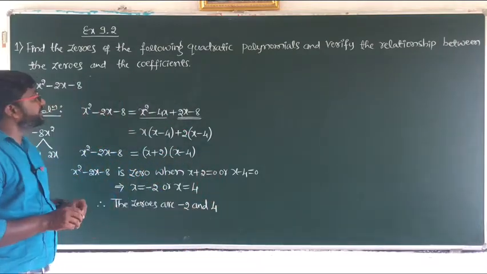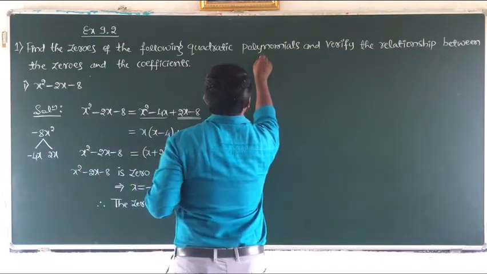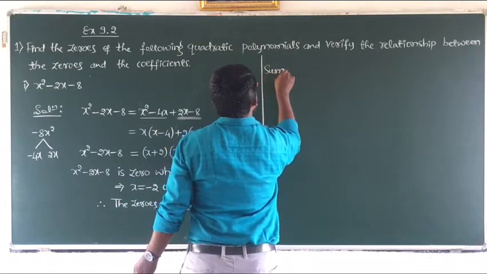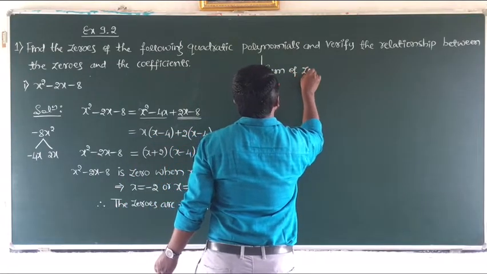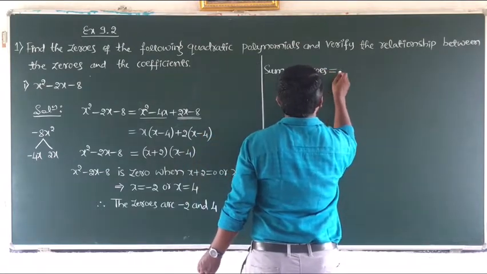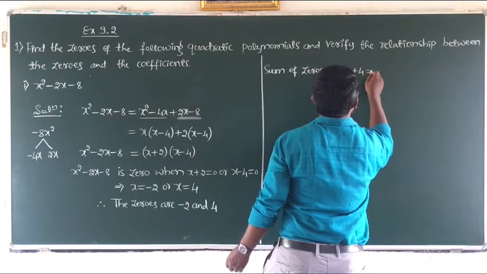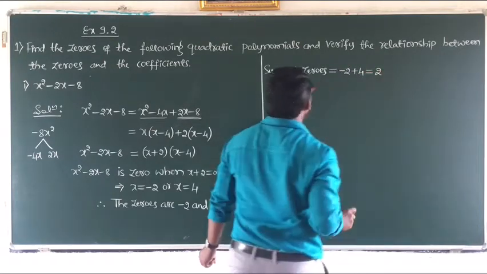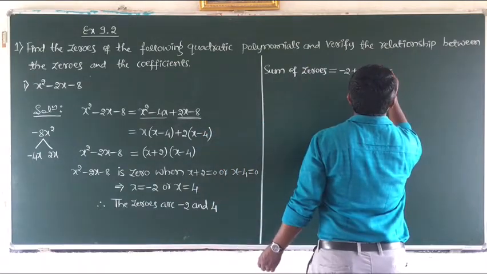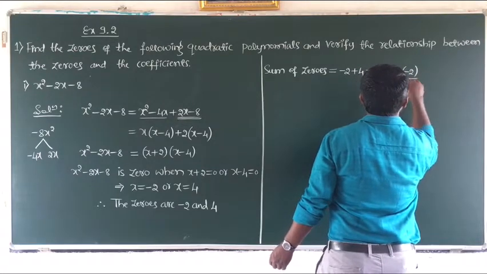Next we go for the sum of zeros and the product of zeros. Sum of zeros is minus 2 plus 4, that is 4 minus 2, which equals 2. This can be written as minus of minus 2 divided by 1.